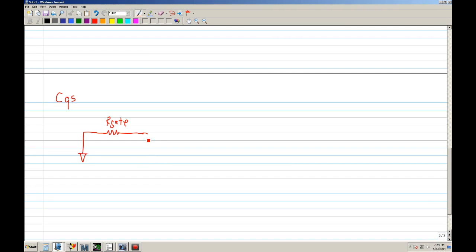Okay, and instead of putting a capacitor, we'll put a test voltage. Here's the current, which is GM V, and I'll put V just for right now. And that's grounded.